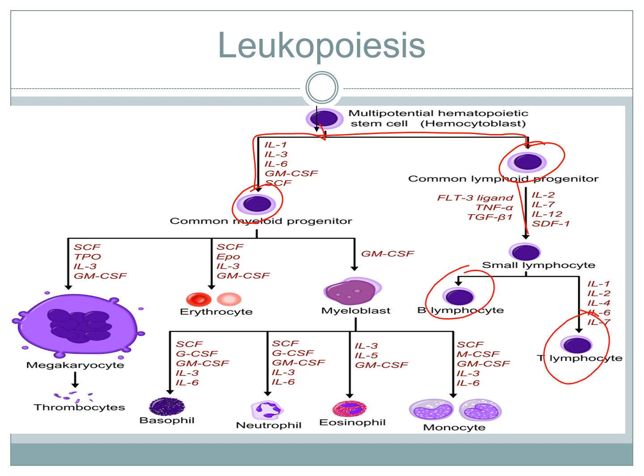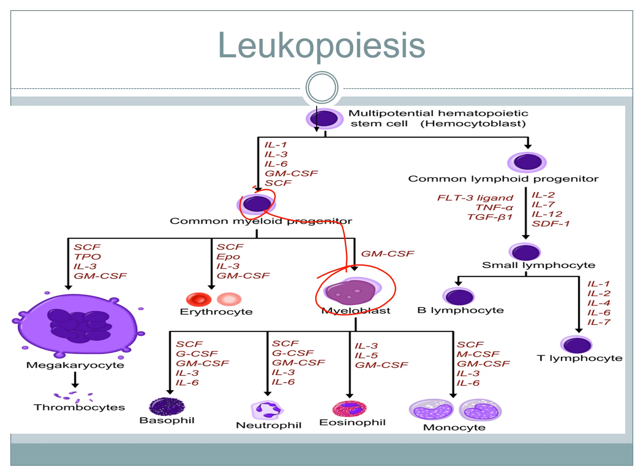We'll focus more on lymphocytes later on, but that's it. So once it becomes a lymphoid, it becomes a highly specialized lymphoid cell. From a myeloblast, we produce the other white blood cells. So there is an extra step. It goes from a myeloid into a myeloblast, and then from there we produce the rest of the granulocytes, and your monocytes as well.